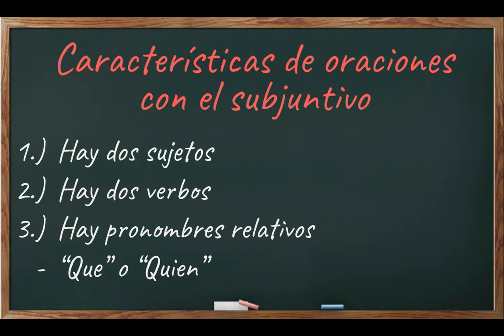Ojalá and then ir. So 2 verbs. Número 3, hay pronombres relativos. So that's either que or quien. So if you have one of these words, it's usually to divide the 2 clauses of a sentence. So yo espero que tú vayas a la playa.